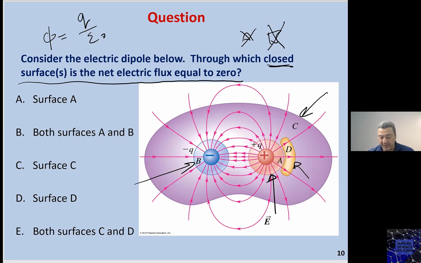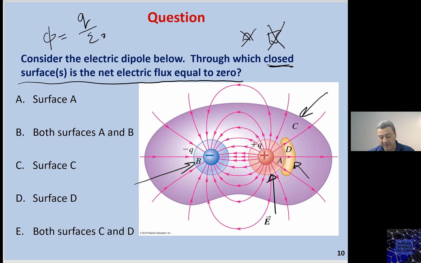Let's look at C. C does enclose two charges that are equal in magnitude and opposite in sign. So the net charge inside this closed surface that is called C, although it doesn't have a symmetrical shape, looks like a beam, but it's a closed surface. In this case, what I worry about is the net charge within that surface.